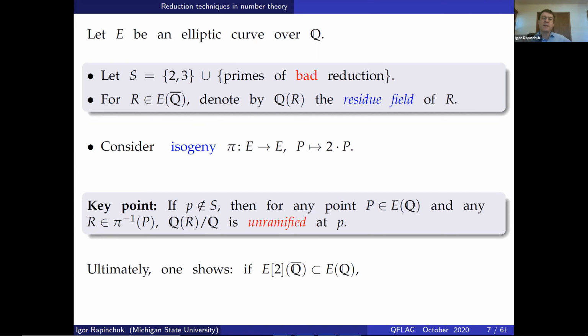In particular, in the special case that the 2-torsion of our elliptic curve is defined over Q, this argument ultimately gives an upper bound on the size of the desired quotient that depends really just on the size of the set of primes S. Okay, so this is a rough sketch of the proof of the Weak-Mordell theorem, and this argument certainly shows the utility of looking at primes of good and bad reduction.